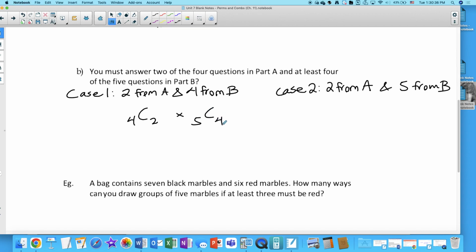This would be case 2, 2 from A is still 4 choose 2 times 5 choose 5. If you have 5 objects and you're choosing all 5 of them, how many ways can you do that? 1. So this is 6 times 5 plus 6 times 1. So that's a total of 36 different ways you can do it.